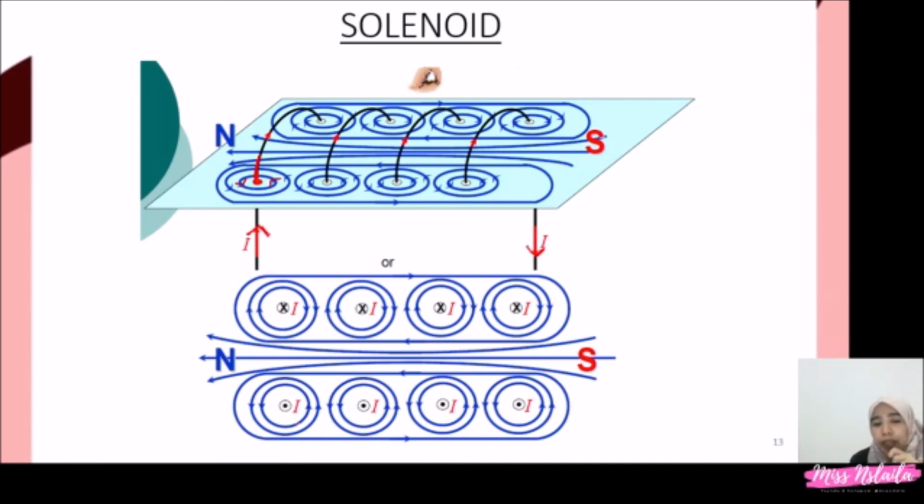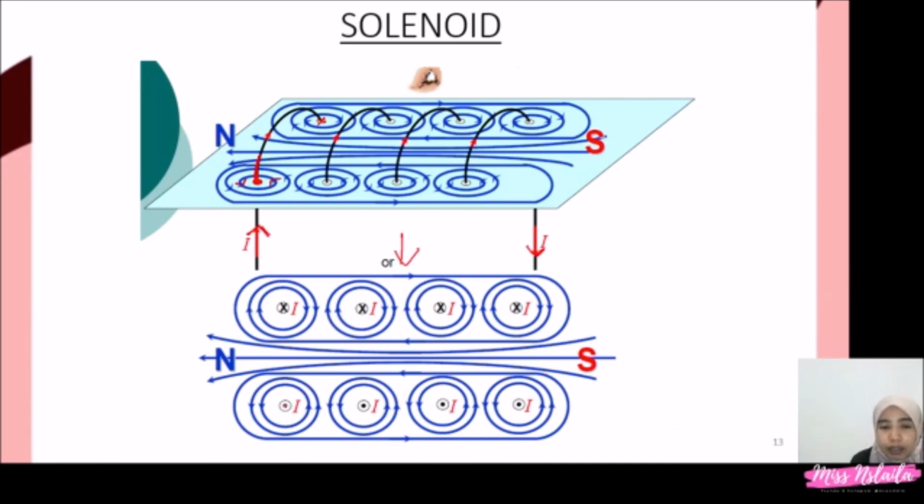So, the magnetic field around it is anti-clockwise. Then when the current goes in here, we use the symbol X. When using the symbol X, it will rotate clockwise, so the magnetic field around this wire is clockwise. It repeats on the same wire until it comes out at this wire here.